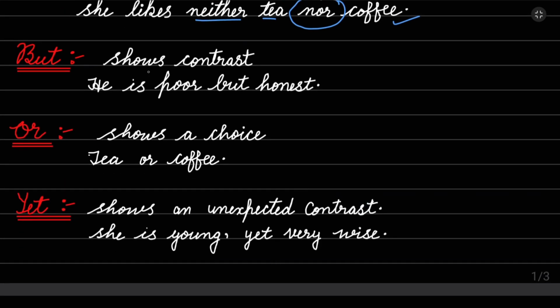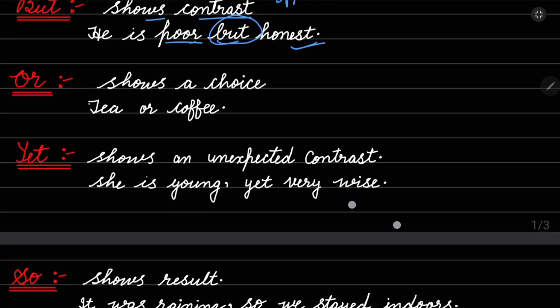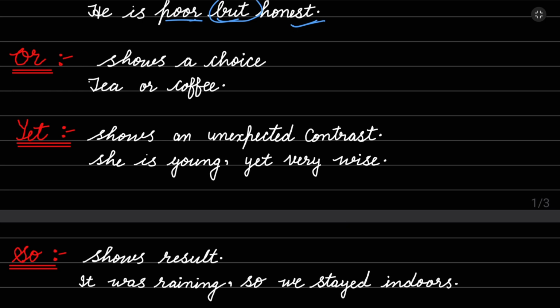Next, but. It shows contrast. Contrast means opposite. He is poor but honest. Next is or. The word or shows a choice.